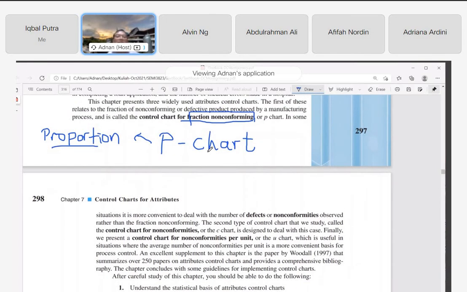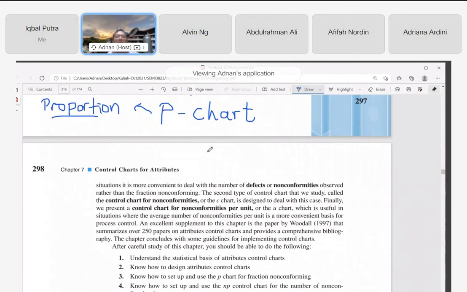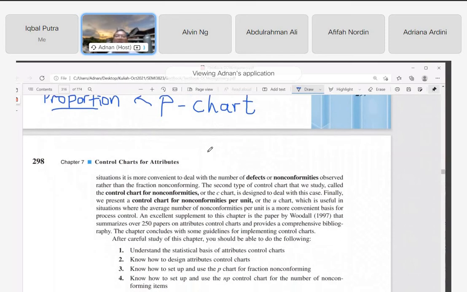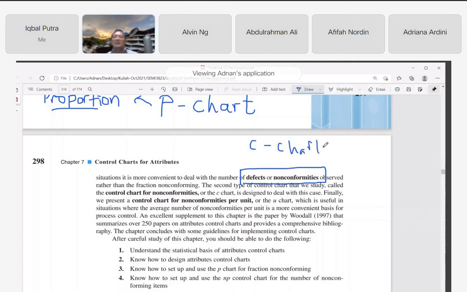There are situations we're also going to look into, which we call defects, or non-conformities. For defects or non-conformities we use the C chart. Okay, we use the U chart.